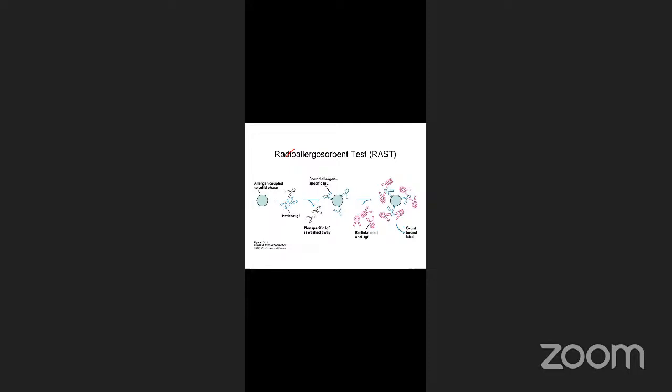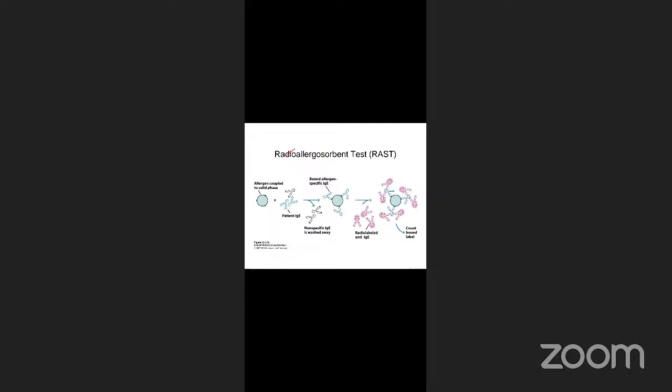Cortisone also acts as a drug to mitigate the problem in type 1 hypersensitivity reaction. These are the drugs. Whenever a person suffers from a type 1 hypersensitivity reaction, the doctors recognize the problem and give these drugs.